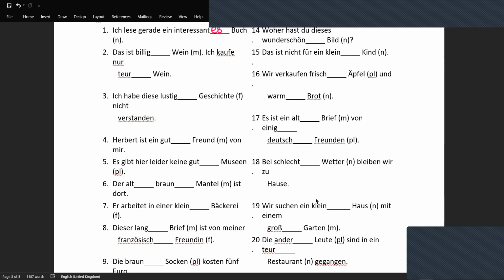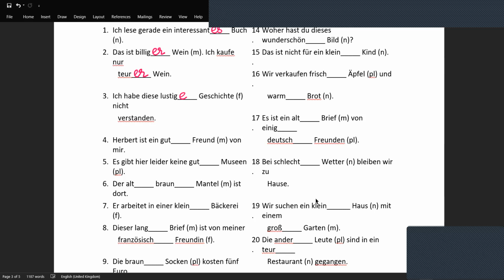Interessantes. Okay. Das ist billiger, weil ich kaufe teurer. Weil ich habe diese lustige Geschichte nicht verstanden.